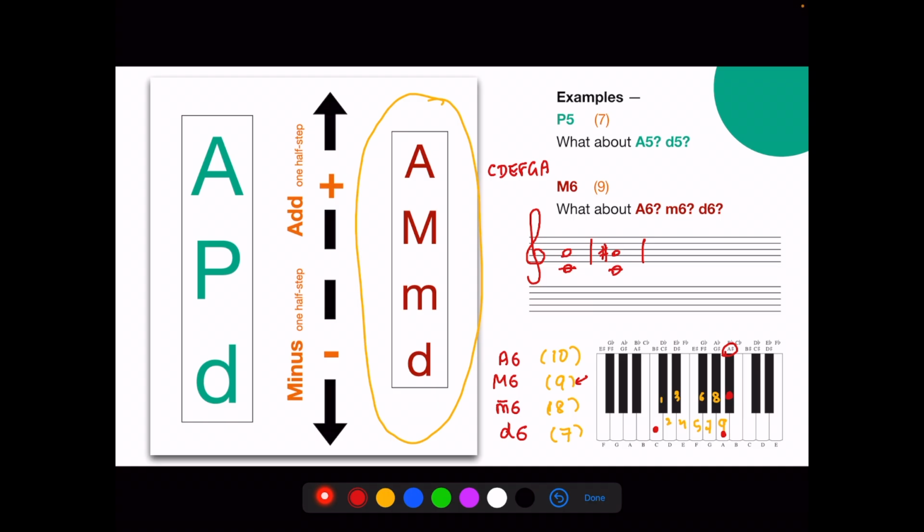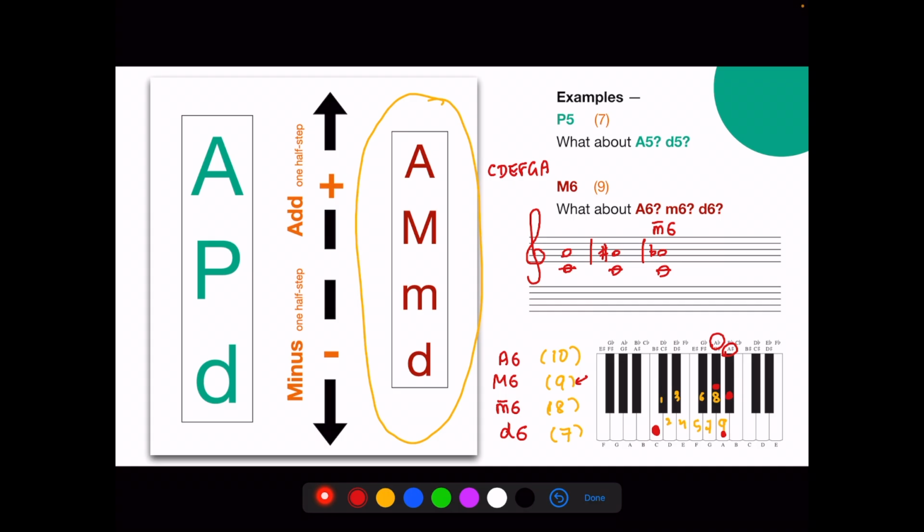What about minor 6? This has to be 8 half steps in between. So starting from that original C here, 8 half steps will be this. And now we take A flat. Make sure you don't write G sharp, because then that would make it a distance of a fifth. C to G, whatever kind of G, if it's a G, that means we're thinking of it as a fifth. So in this case, we have C to A flat, and that is a minor 6th.